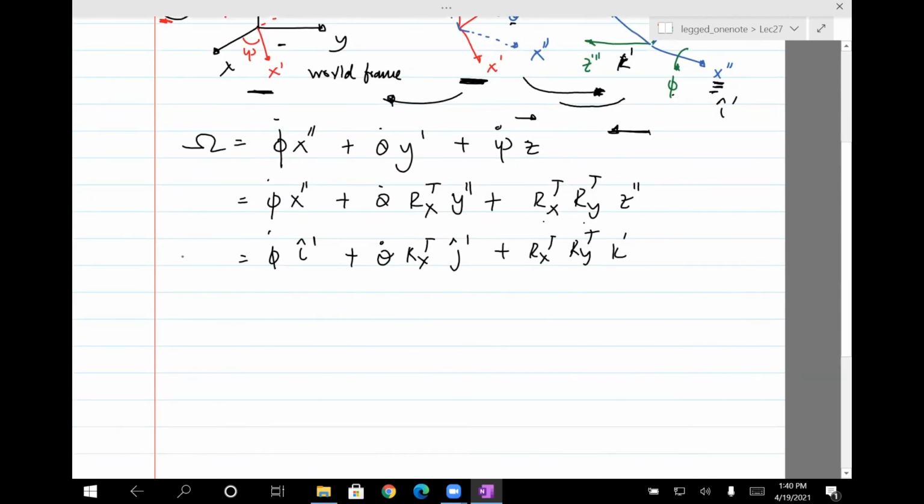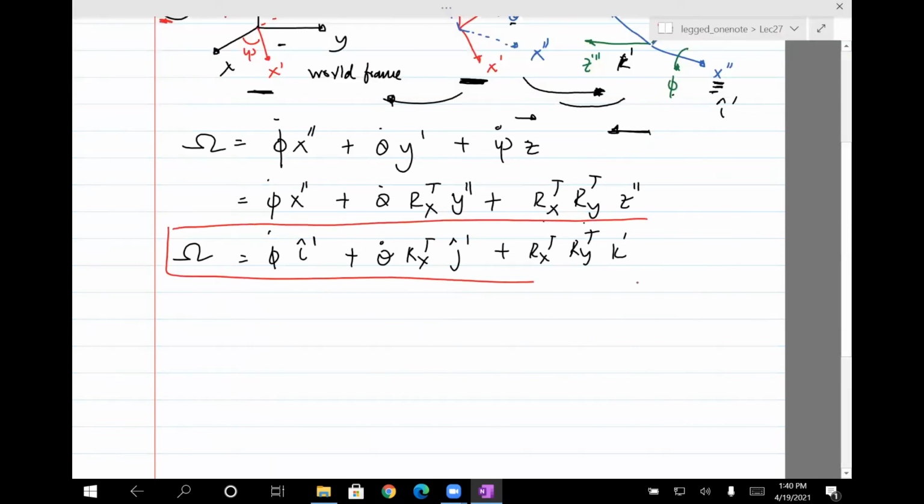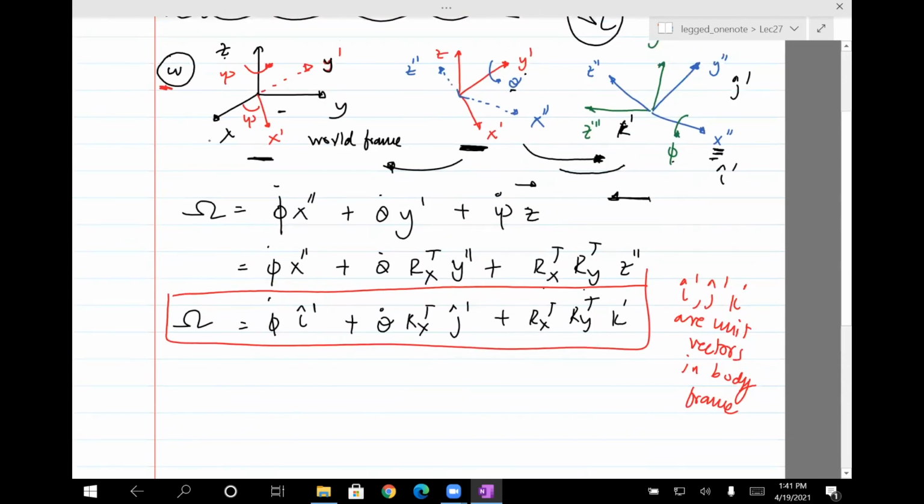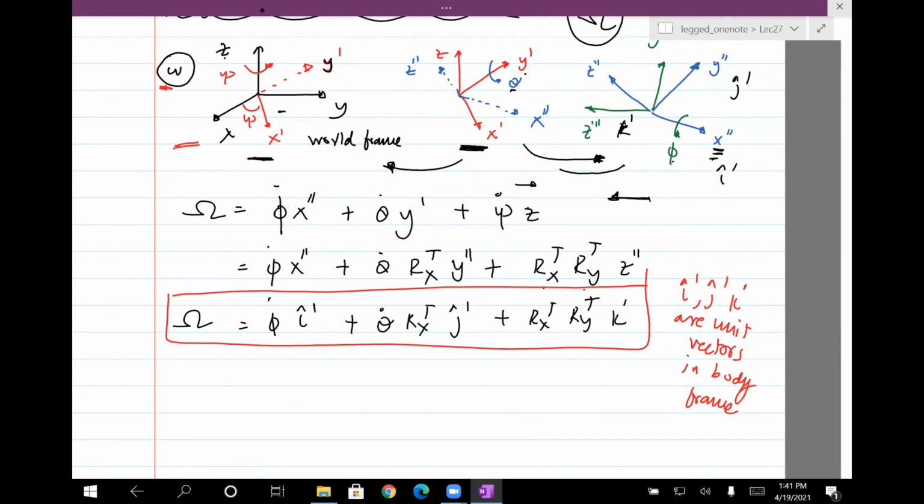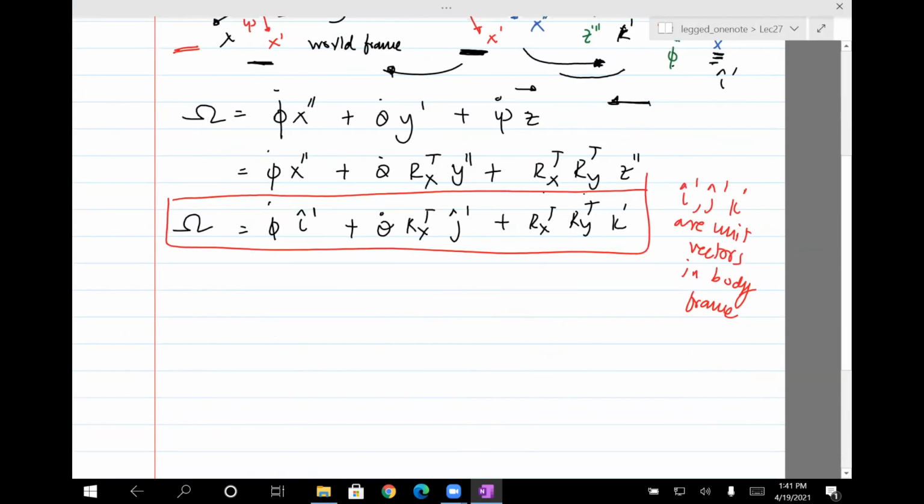Okay, and so my angular velocity now in the body frame is going to be this thing, where i prime, j prime, k prime are unit vectors in the body frame, not i, j, k, which are vectors in the fixed frame. Okay, so we'll see where this is useful.